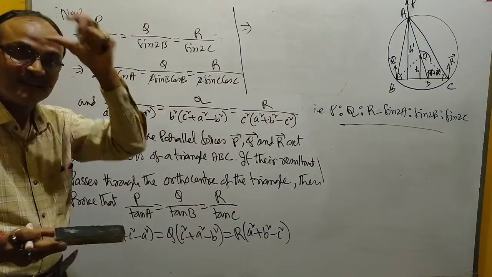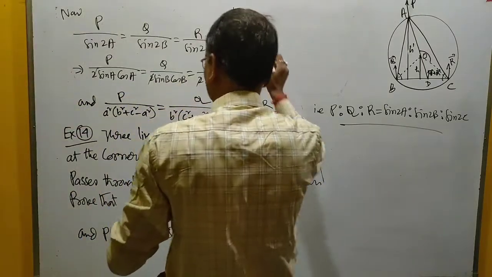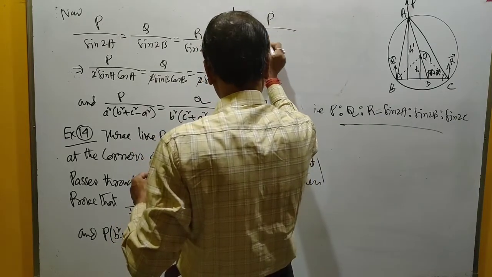Now a by sine A equal to b by sine B equal to c by sine C. Therefore, sine A will be equal to a by twice R.